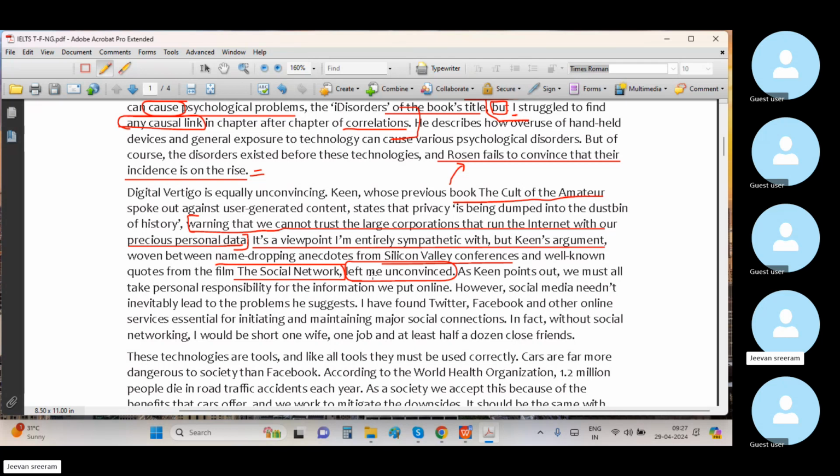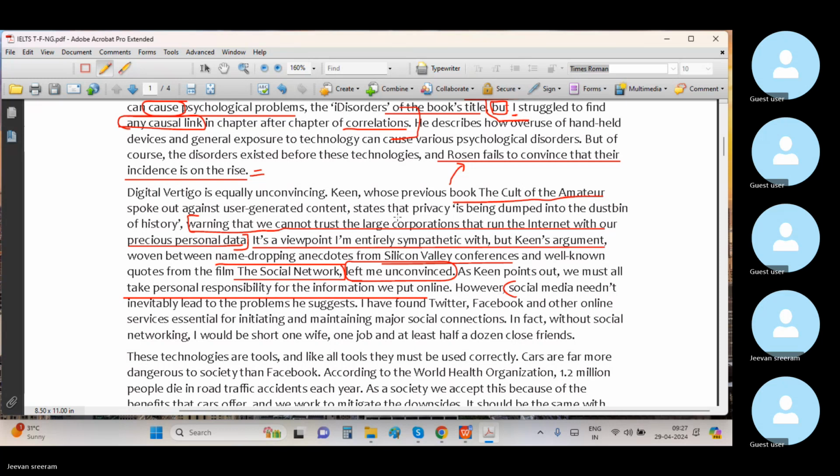So do you think the author felt that Keen is actually correct in warning people about the privacy threat by the internet? No. "As Keen pointed out, we must all take personal responsibility for whatever information we put online." Please observe. First, the author was unconvinced with Keen's argument.